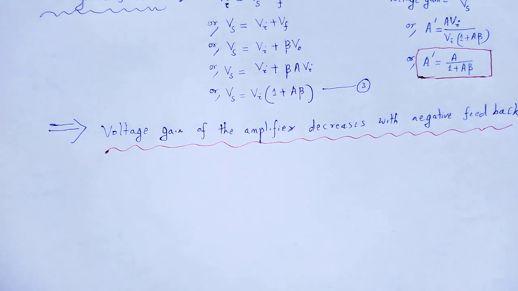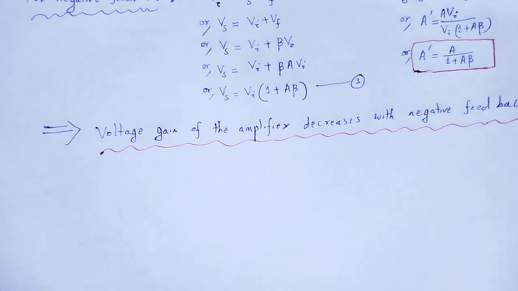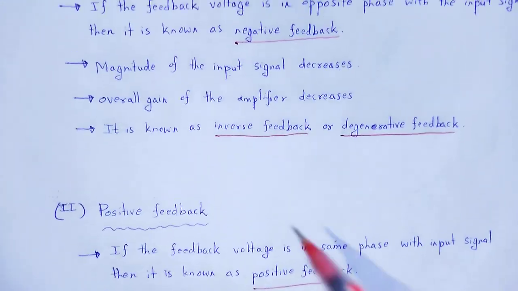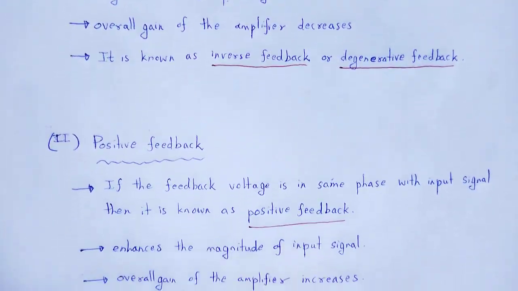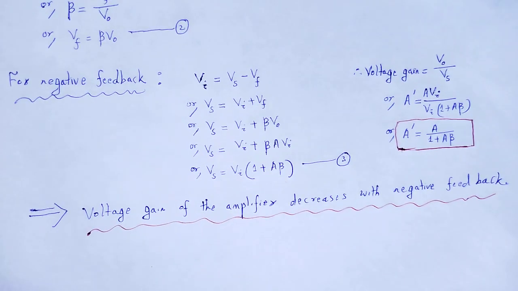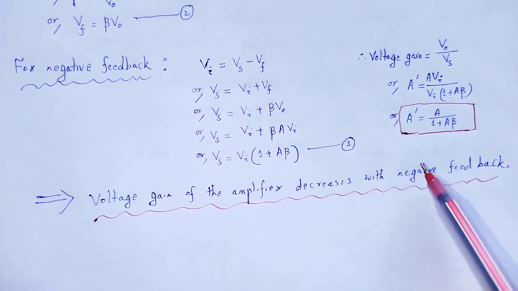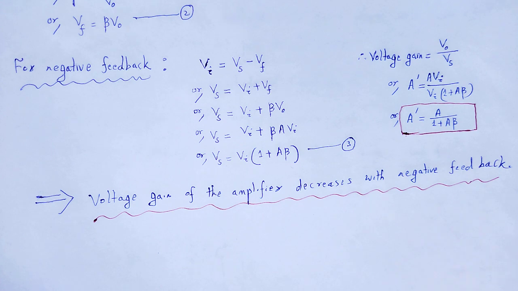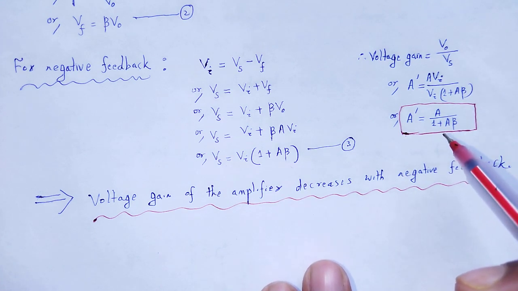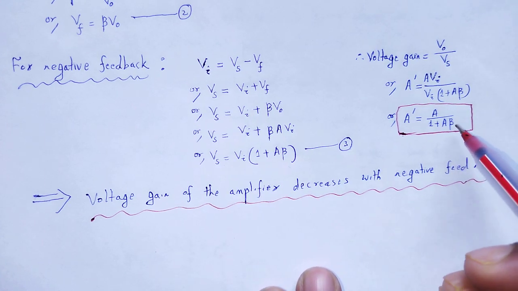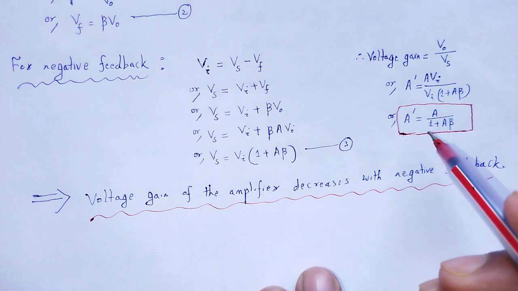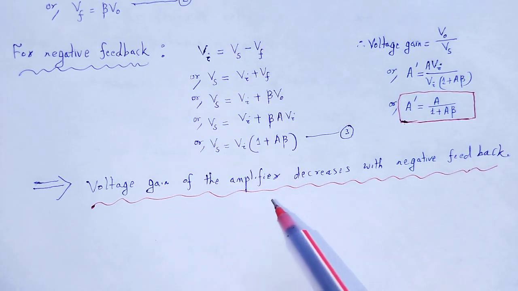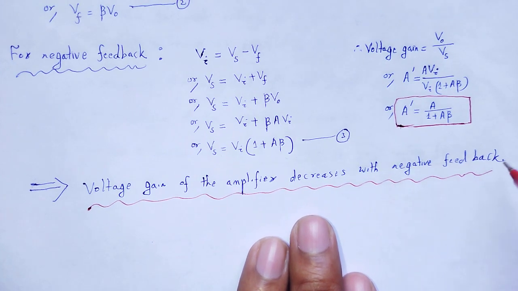As we mentioned in the features of negative feedback, the overall gain of the amplifier decreases. Mathematically we show the gain decreases. It means if beta increases, A dash decreases. For that reason we say the voltage gain of the amplifier decreases with negative feedback.